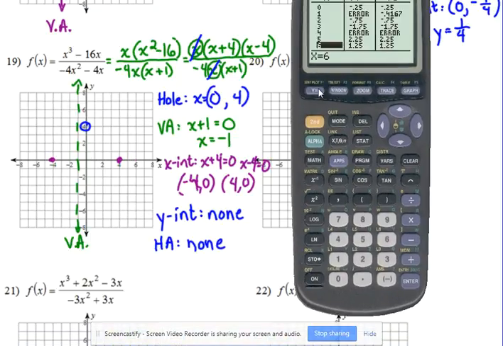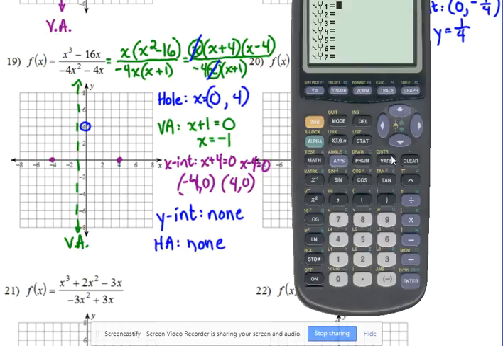So let's confirm. Get some practice typing this into your calculator. Numerator in parentheses of the original divided by denominator of the original in parentheses. In y2, put parentheses around the entire numerator plus the parentheses you already had in there.